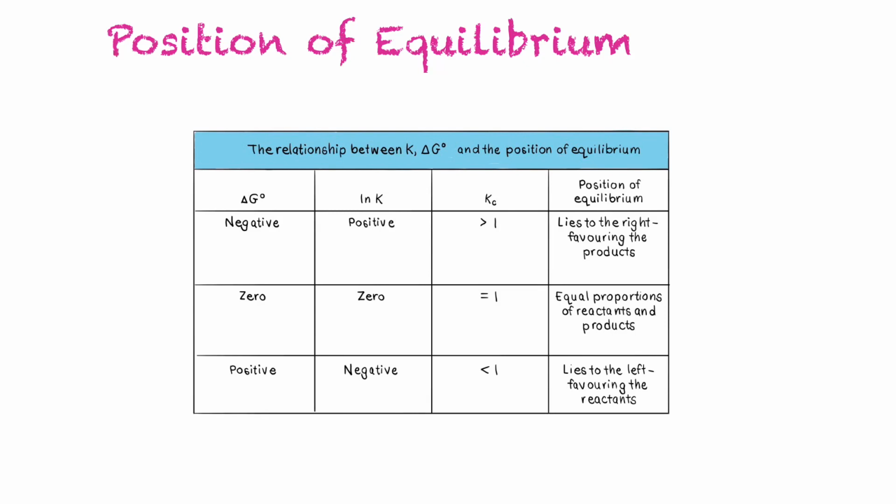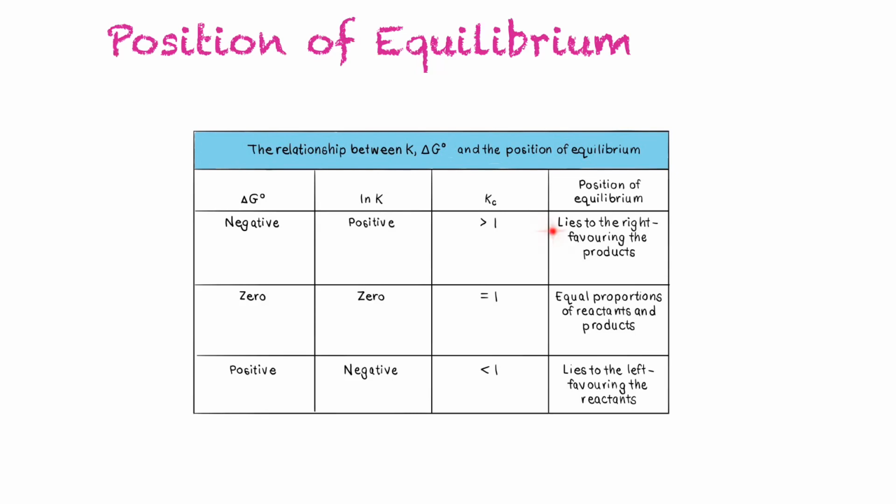Now we'll take a look at the relationship between the equilibrium constant K, ΔG, and the position of equilibrium. We'll look at ΔG, the ln K, and then the equilibrium constant. If ΔG is negative, the ln of K will be positive, and the equilibrium constant will be greater than 1.